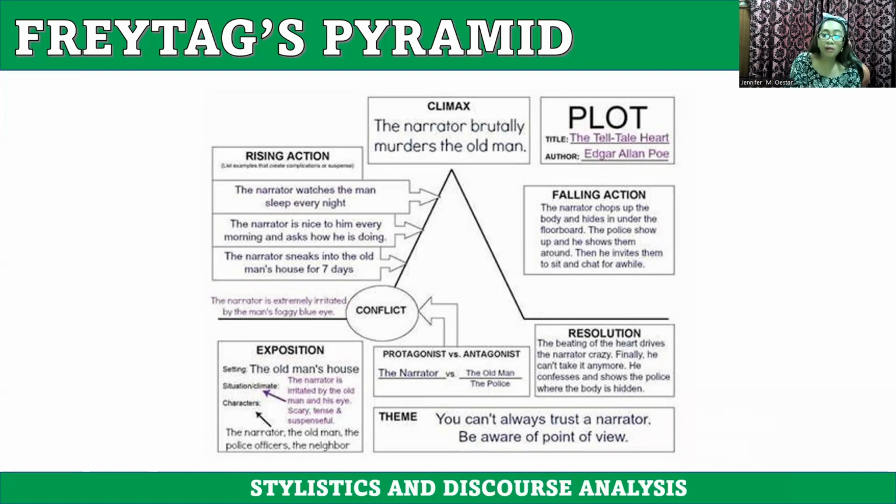So here, the old man's house would be the setting of the story, and the situation or climate, the narrator is irritated by the old man and his eyes, scary, tense, and suspenseful. And dito naman, sa characters, the narrator, the old man, the police officers, and the neighbor. So dun pa lang nagkaroon na tayo ng beginning of the story.